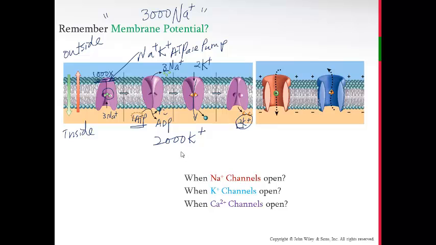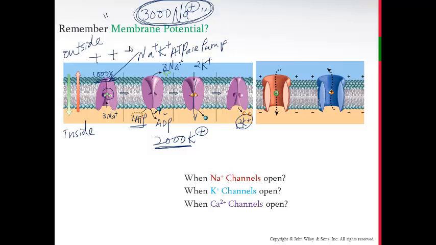So I want you to take a look at the difference. Okay, they are all positive charges, but hopefully you can see there are more positive charges on the outside. So that's why generally you have a membrane potential that's more positive on the outside than the inside.